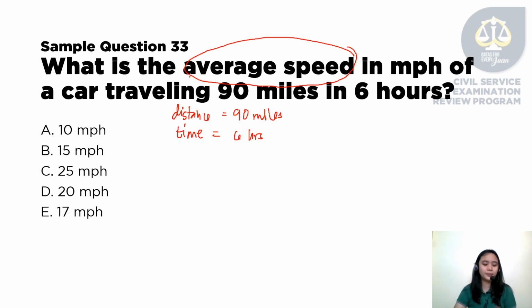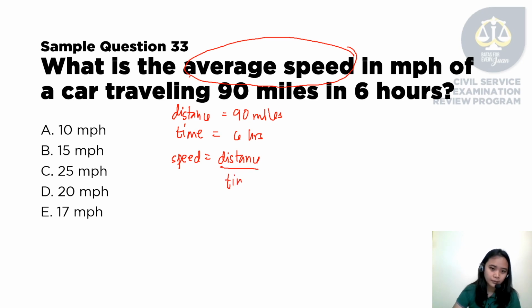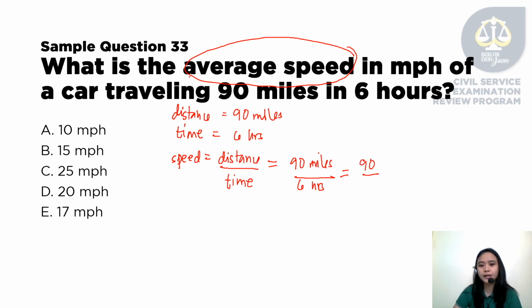And speed na lang yung kulang. Pero ano ba yung formula natin for the speed? Note that speed is equal to distance over time. Ayan. So, substitute natin dito sa formula yung mga given value natin. Distance natin ay 90 miles. Over time natin ay 6 hours. So, therefore, meron tayong 90 over 6 miles per hour.